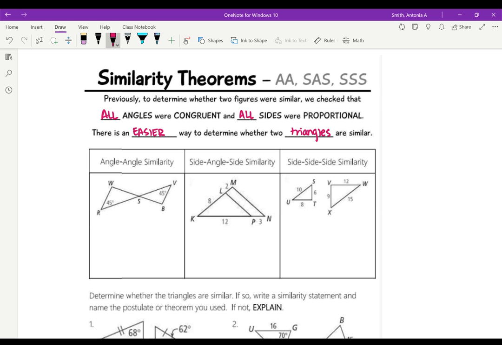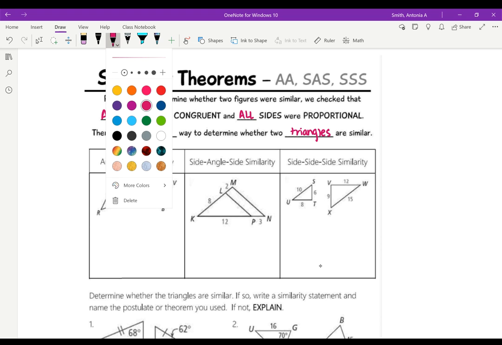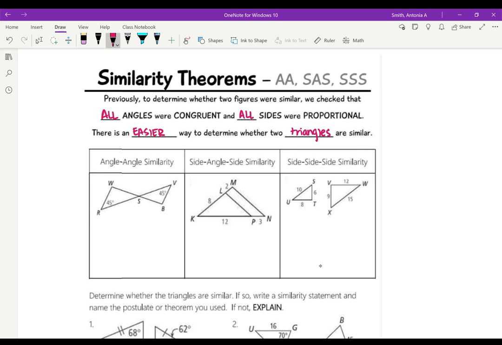The first one is angle-angle similarity, which pretty much says that if two angles in one triangle are congruent to two angles in another triangle, then those two triangles are similar. Okay. So in this picture here, we have angle R over here is the same as angle V. Okay.